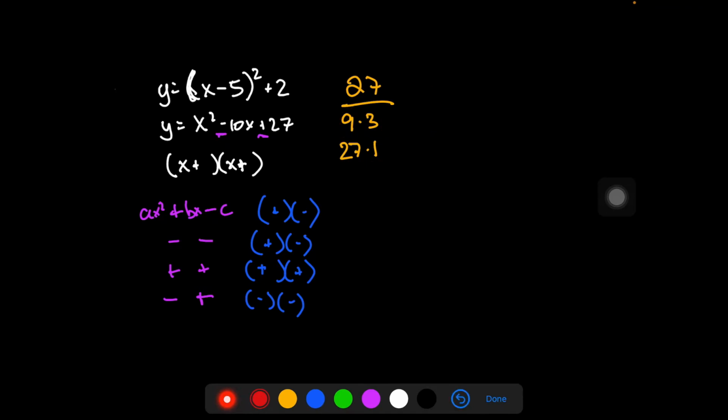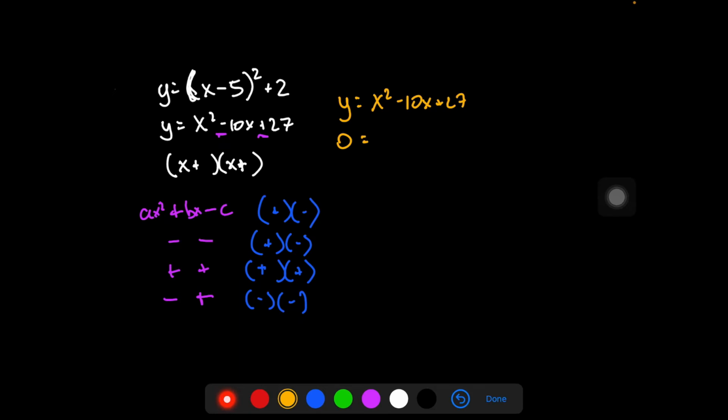What we've got to do is complete the square. To complete the square, what we want to do first is move this 27 over to the other side of the equal sign. So we've got y is equal to x squared minus 10x plus 27. Now, if we are factoring, we're looking for roots, so we can just set y equal to 0.